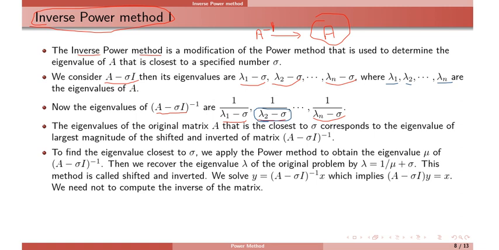Then this difference lambda 2 minus sigma will be small, and 1 by small will be largest. And power method picks the largest eigenvalue. So you need to apply power method on (A minus sigma I) inverse. This will pick the largest eigenvalue of this matrix, and that eigenvalue will be near the number sigma.